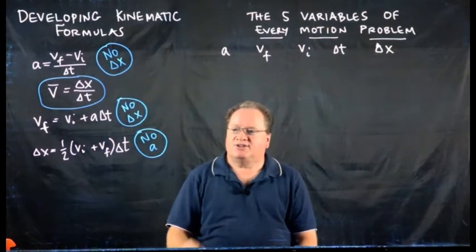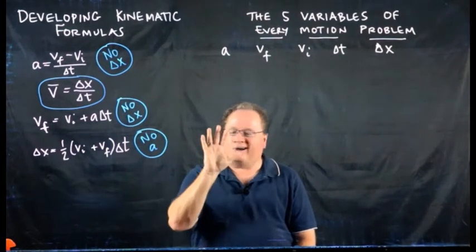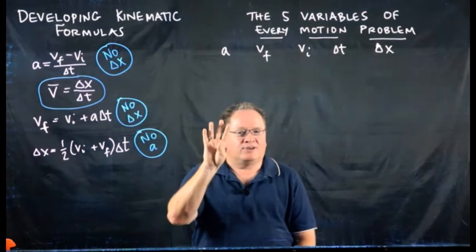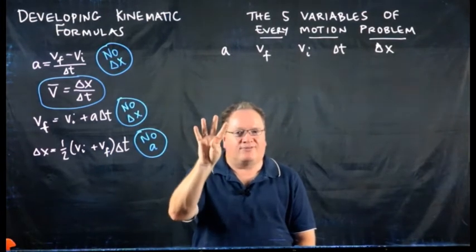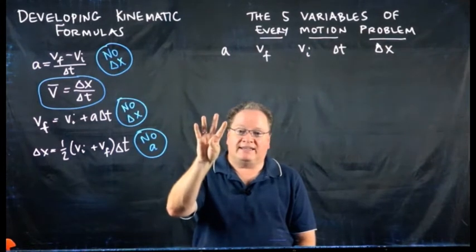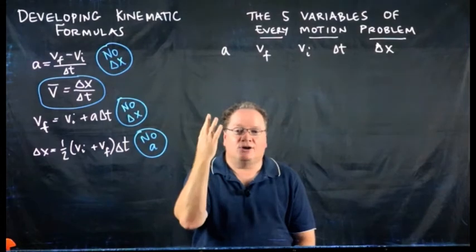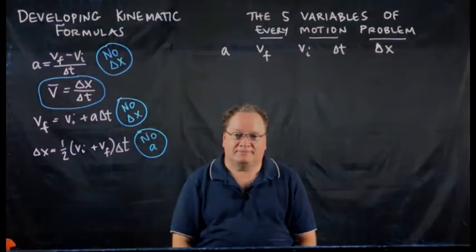Okay? So you're gonna notice as we go through the rest of these kinematic formulas, it's always the same 5 variables. The formulas themselves only have 4. And the one thing you need to do is you only need to know 3, because that 4th one is going to be the one you're solving for.